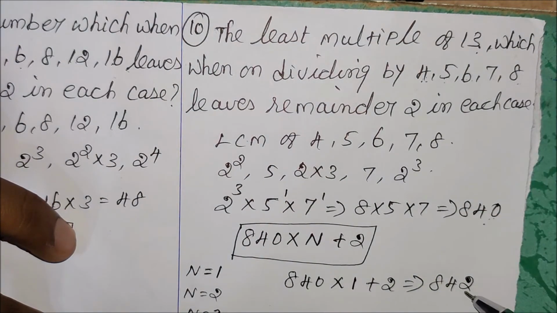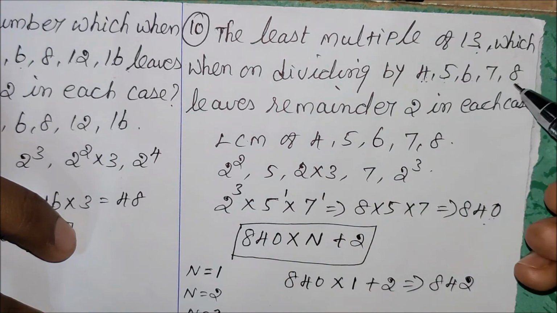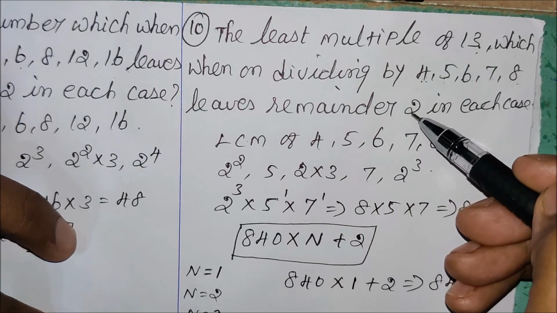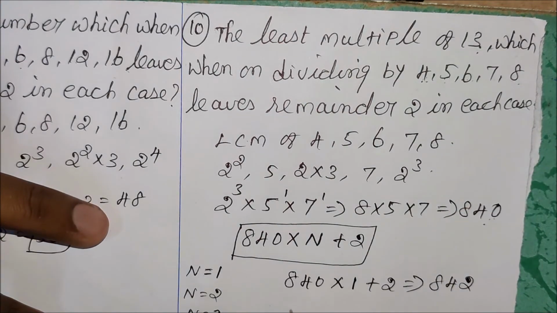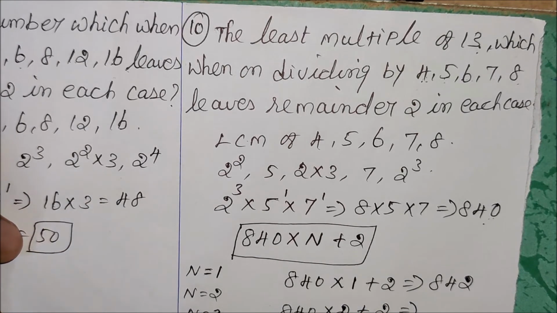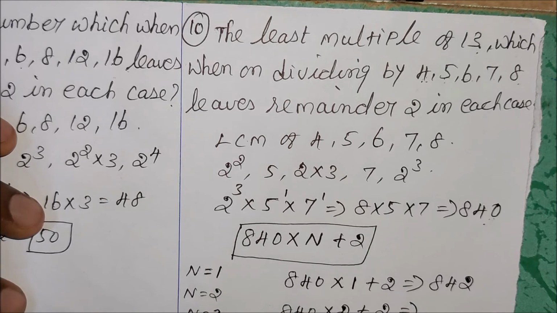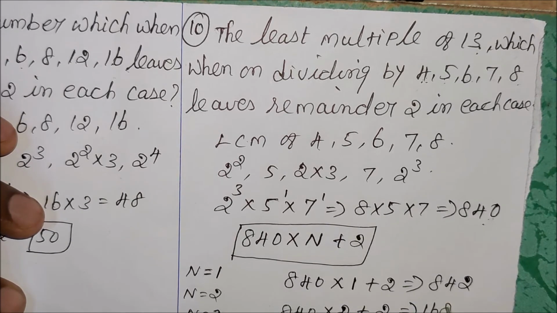When 842 is divided by 4, 5, 6, 7, 8, it will not give remainder 2 either. Next I'll place n is equal to 2, plus 2. In this case 840 into 2 is 1680, so 1682. This will not be the answer either, because 1682 is not a multiple of 13.